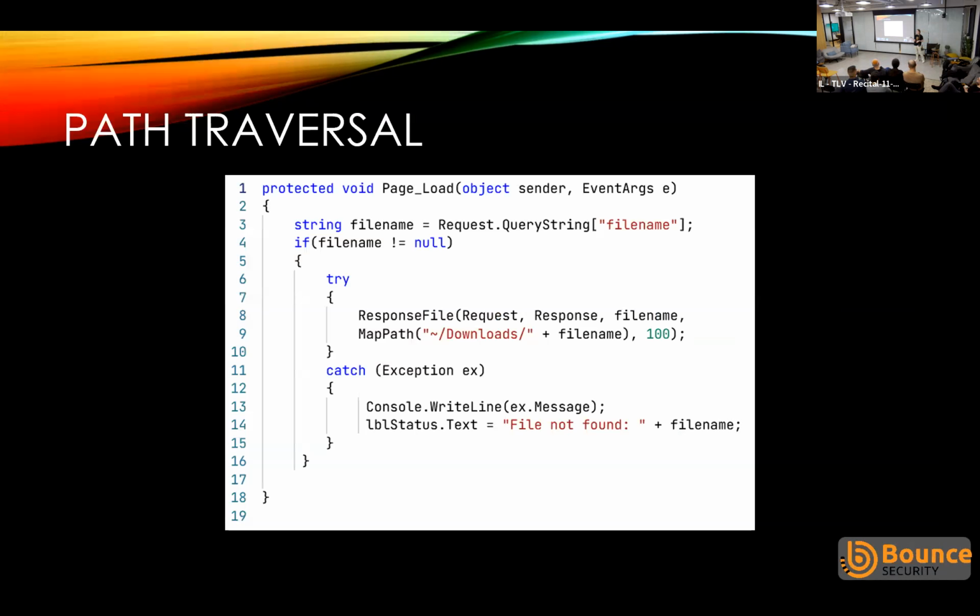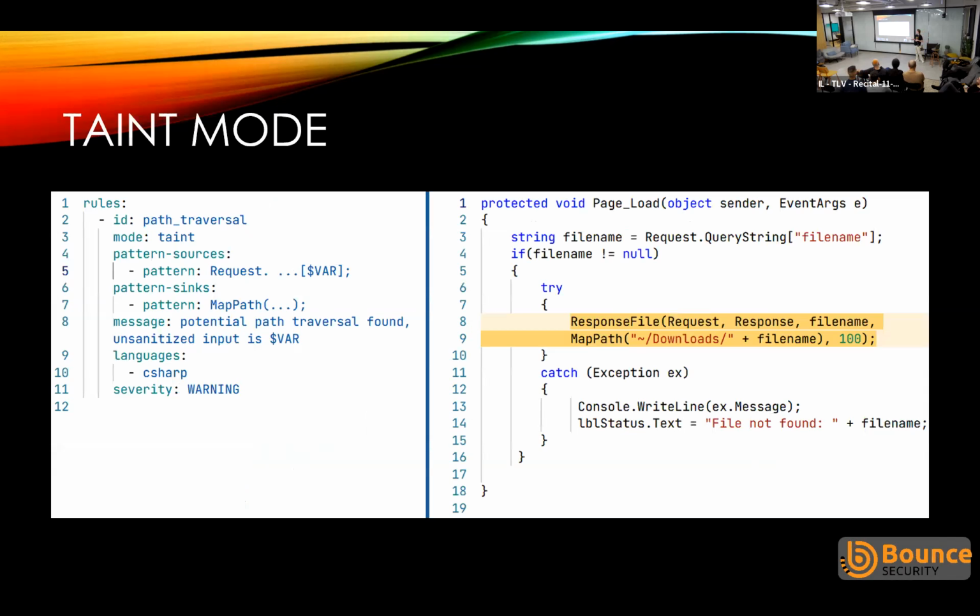So let's take a look at this path traversal vulnerability. This is from the OWASP WebGoat project. We have here a request query string, and then it goes to this map path with a file name with no sanitizing in between. So in order to find that, we have taint mode in Semgrep. Taint mode says that if we specify a source function, the output of this function is tainted.